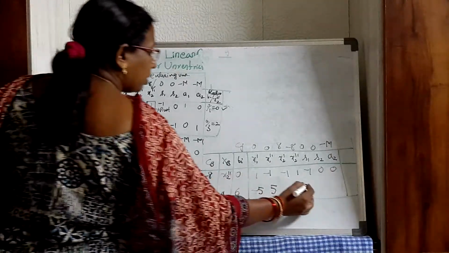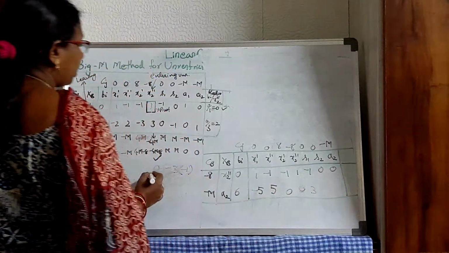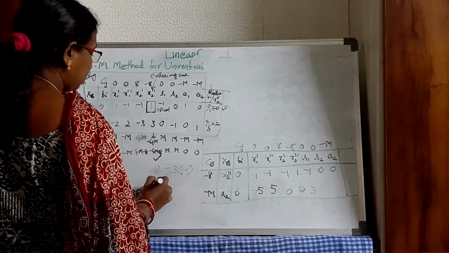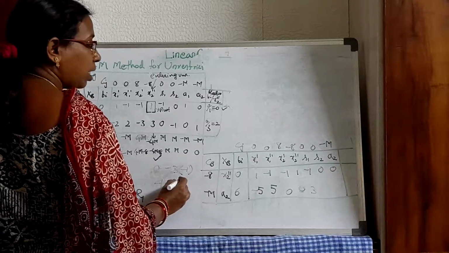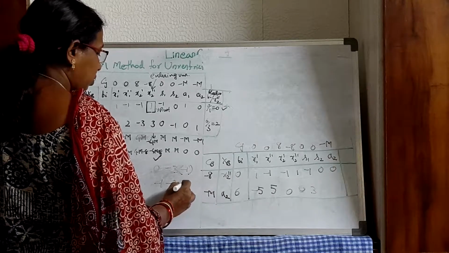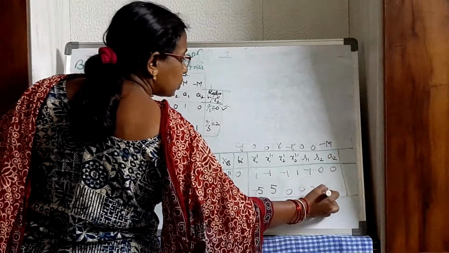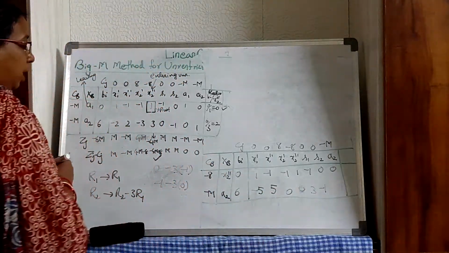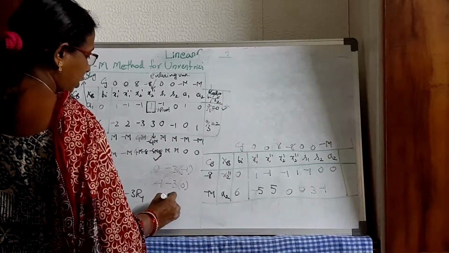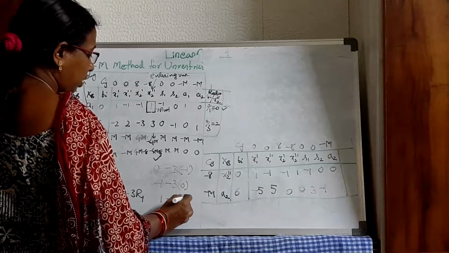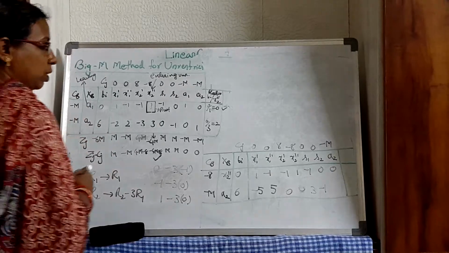So this will be 3. Similarly for S2, R2 is minus 1, minus 3 into the S2 value in R1, which is 0. So here I will get minus 1. Similarly, A2 for R2 you have 1, minus 3 into the A2 value in R1, which is 0. So how much you will get?